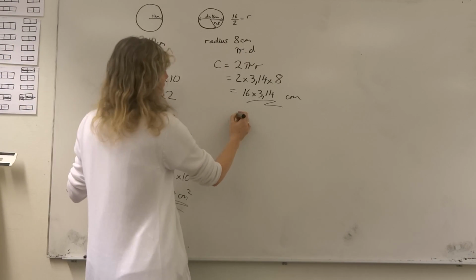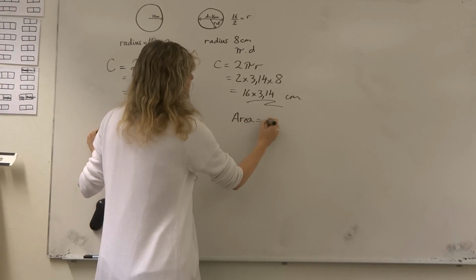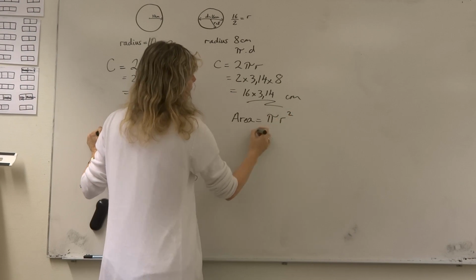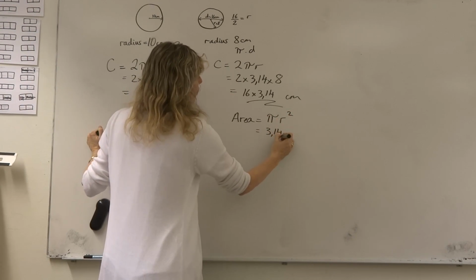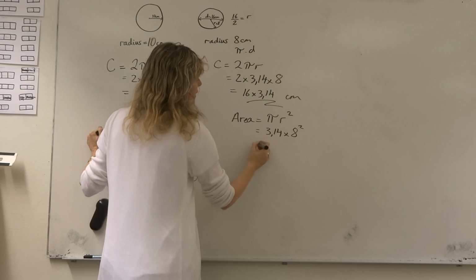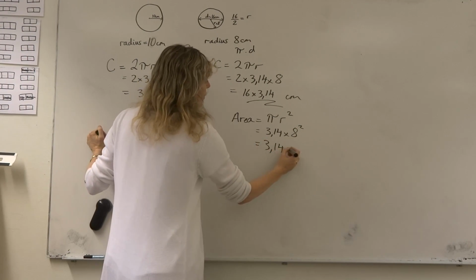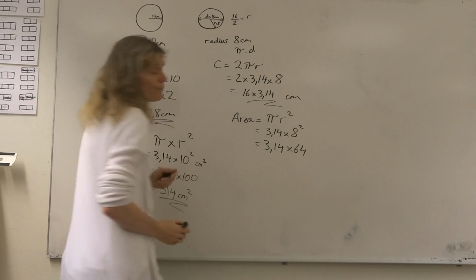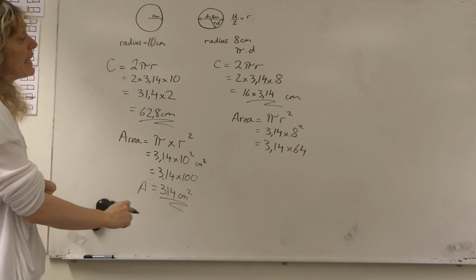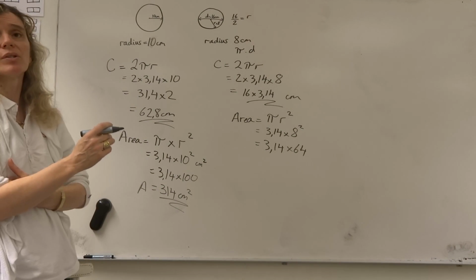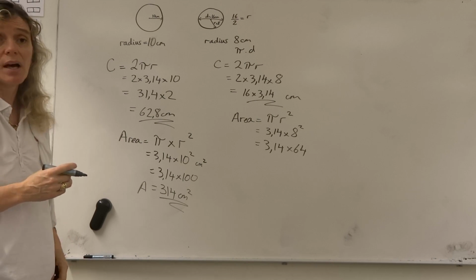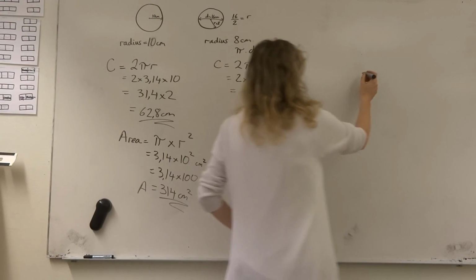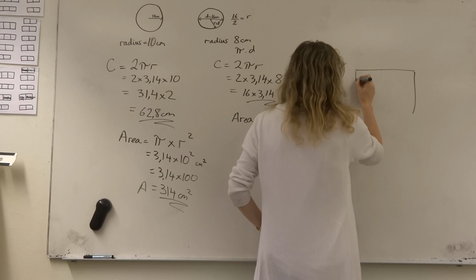And here, for the area of this circle, same formula, pi r squared. So we have 3.14 times 8 squared, which will give us 3.14 times 64. There's a lattice method of working out multiplication. I'll give you a short introduction to it.